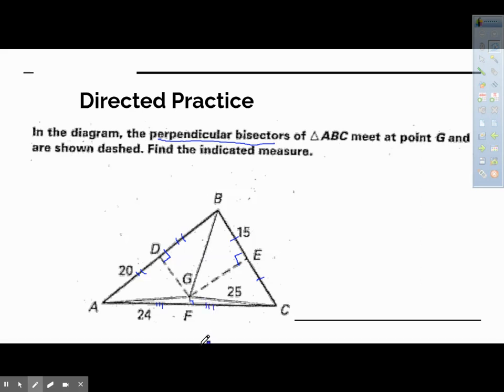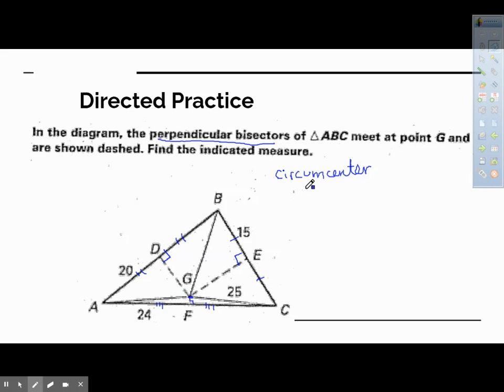Now, my question for you. Would G be considered the circumcenter or the incenter? Since G is where all the perpendicular bisectors meet, it's the circumcenter. Now, my next question.